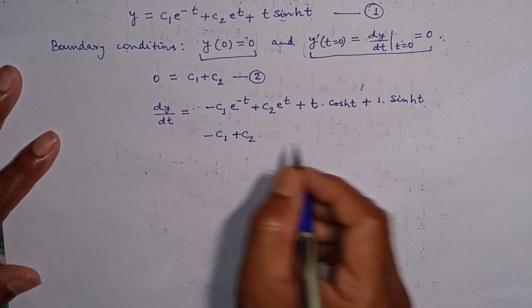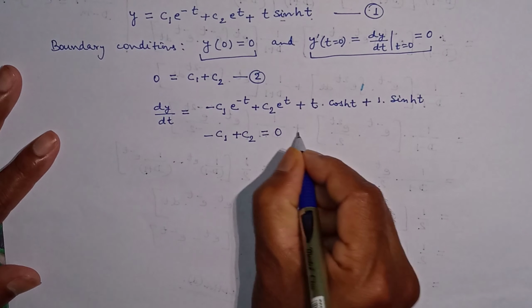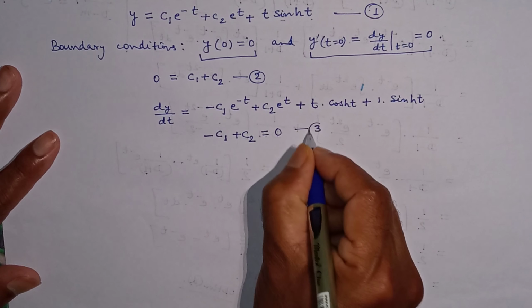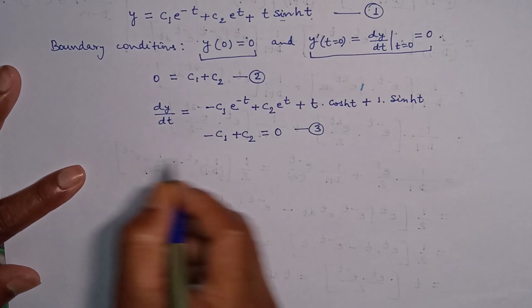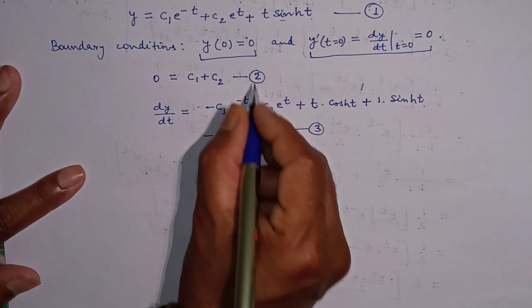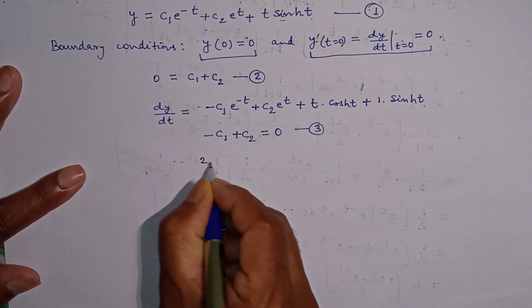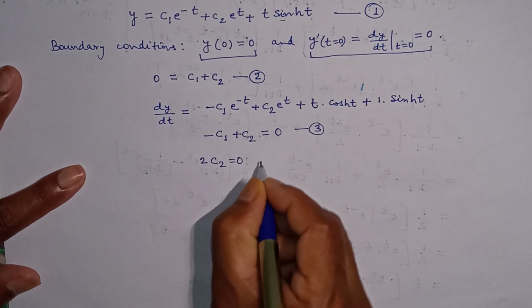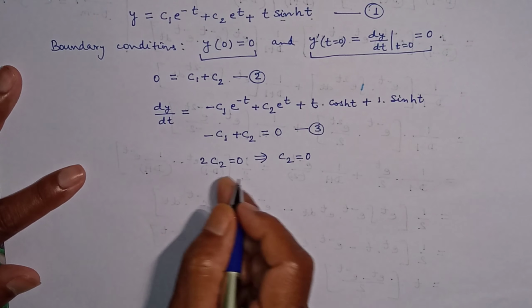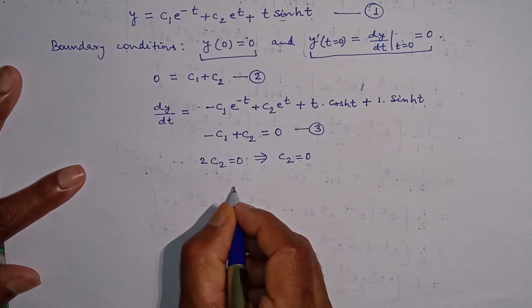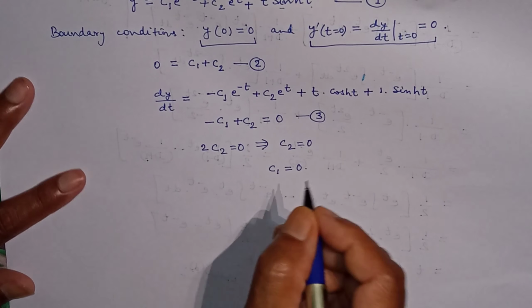So both these terms vanish and we have this. So this is equation 3. Now summing 2 and 3, we get 2c2 equals 0, that is c2 equals 0. Using this in 2, we get c1 equals 0.